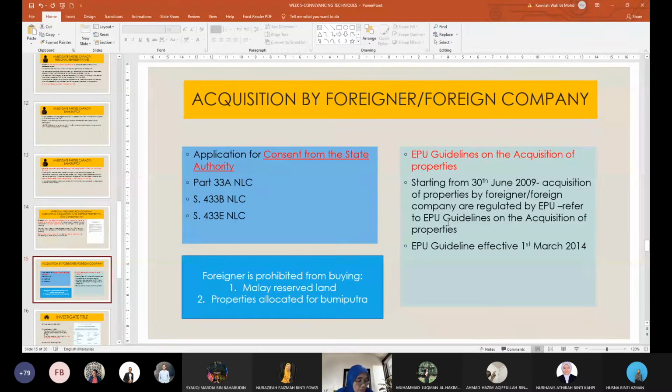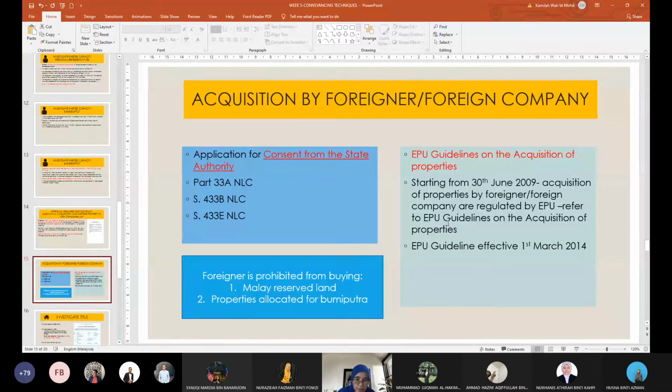Tapi kalau macam distrik Hulu Langat, Hulu Selangor atau Sabak Bernam, ceiling dia ialah 1 million. So different state dia letak different ceiling untuk harga paling rendah lah untuk foreigner beli kat Malaysia.